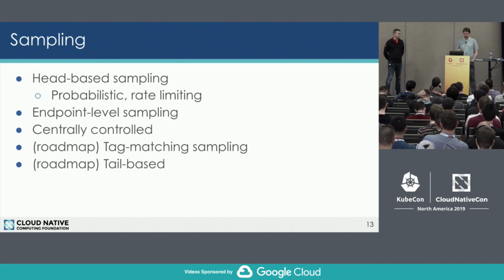And the tag matching that Pavol was starting to say, that's still an upfront sampling approach, but it allows users to change sampling based on specific patterns that they see. As the name implies, you push a configuration to the client saying if the span contains this tag with this value, then sample it, or sample it with a different strategy, maybe a higher probability.